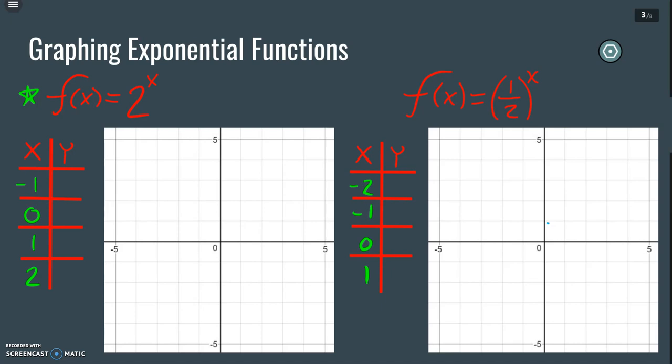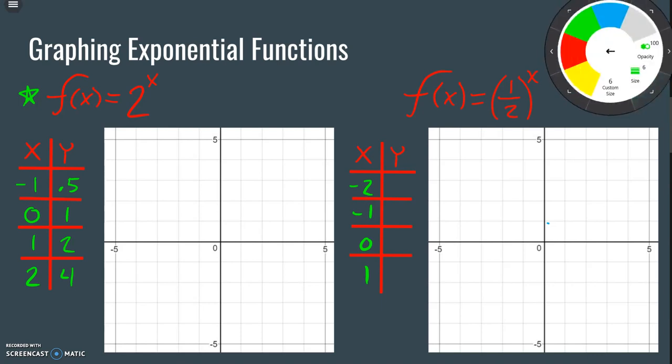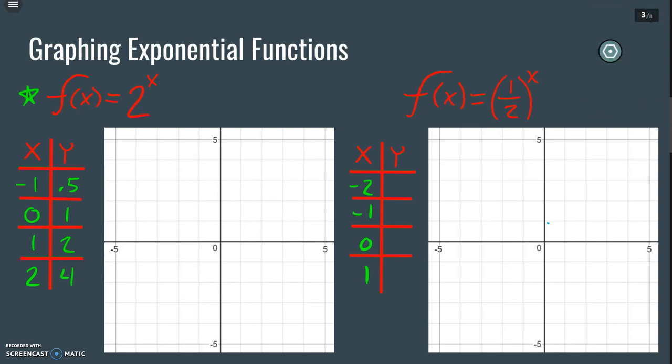Putting in the x values of negative 1, 0, 1, and 2, I get y values of 1/2, 1, 2, and 4, which allows me to plot a few points on my graph. Negative 1 is 1/2, 0 is 1, 1 is 2, 2 is 4.